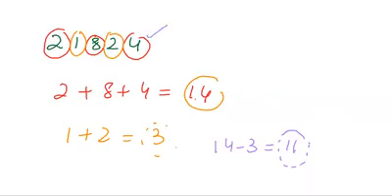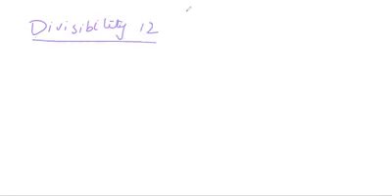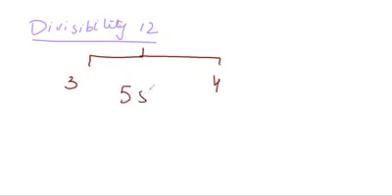And the last rule we are going to learn is the divisibility rule for 12. It is very easy. If it's divisible by 3 and 4, it means the number is divisible by 12. So let's say we have an example, 5508. We have to check it for 3.